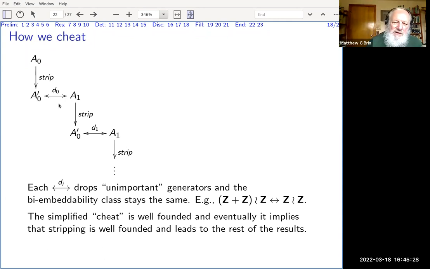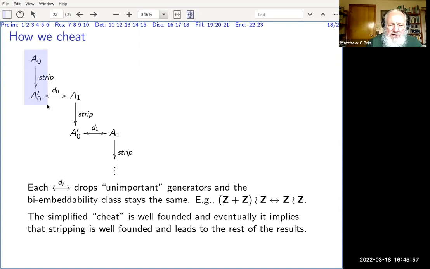And so what we discovered is that you do a strip and you take off the top generator and you end up with this big normal subgroup, and you look at a finitely generated approximation to it. And you have a tremendous amount of information, a lot of which turns out to be unnecessary. And if you throw out those unnecessary generators, you have now cheated because you changed the group.